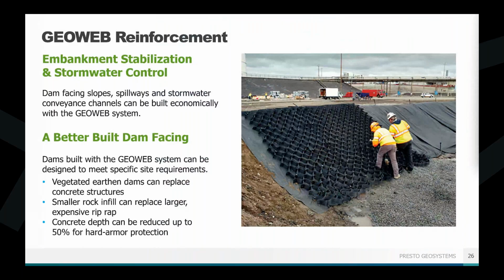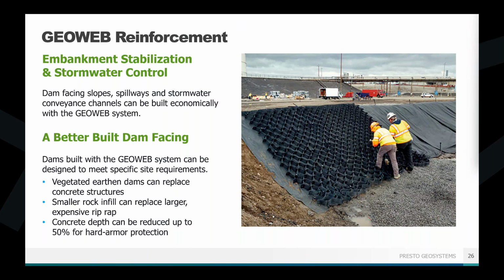The GEOWEB is an economical alternative to large riprap or reinforced concrete on those dam faces or spillways, and can allow for vegetation on those faces that otherwise would not be possible due to the hydraulic forces at play. If rock is used, GEOWEB allows you to greatly reduce the rock size. And if you use concrete, we can cut the required concrete depth by as much as half when compared to reinforced concrete solutions.